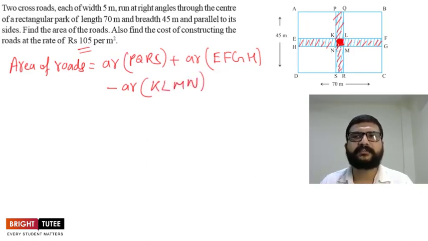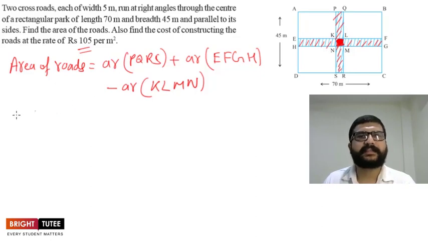KL is 5 and KN is also 5, NM is 5 and LM is also 5. All the side lengths are 5. And as it is given that these roads run at right angles, so it means all the angles are also 90 degrees. Hence we can say KLMN is a square.